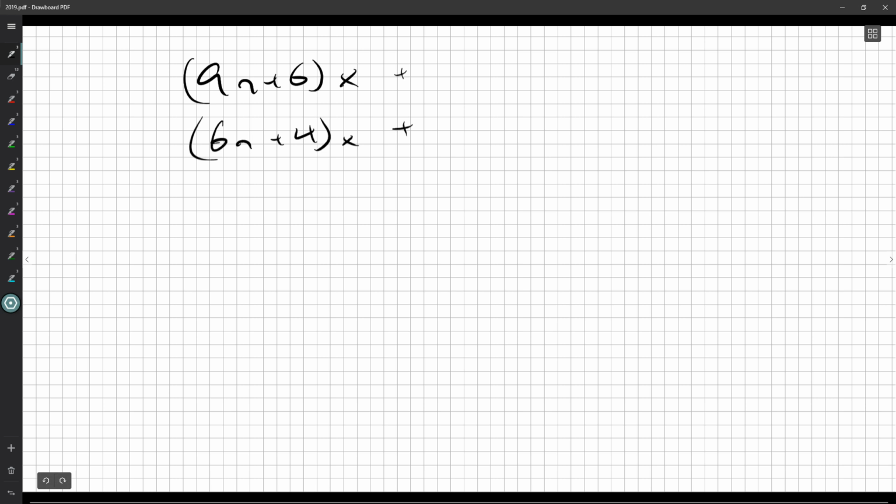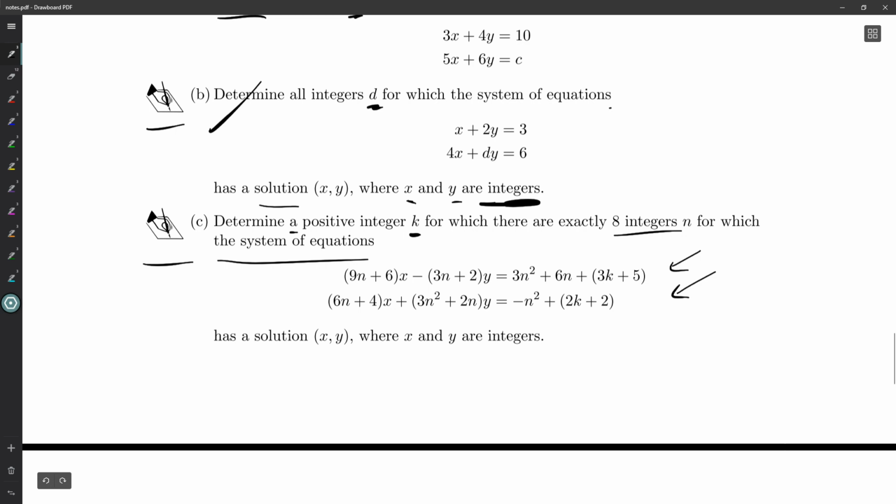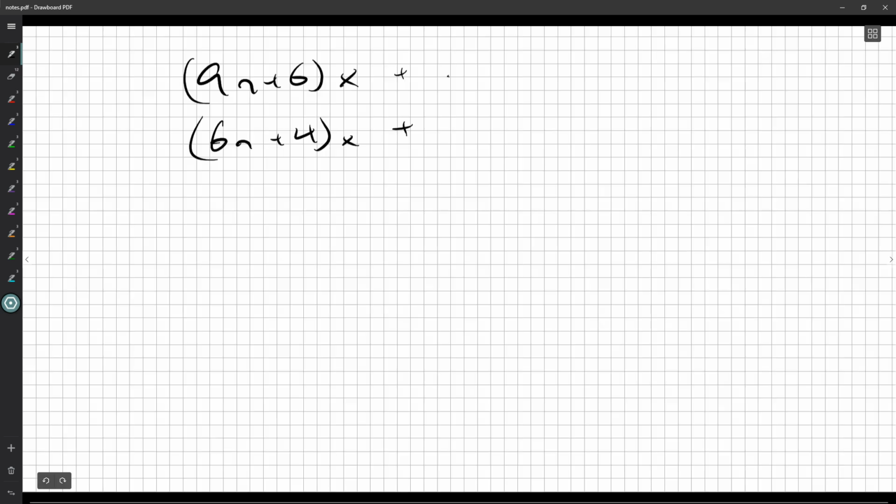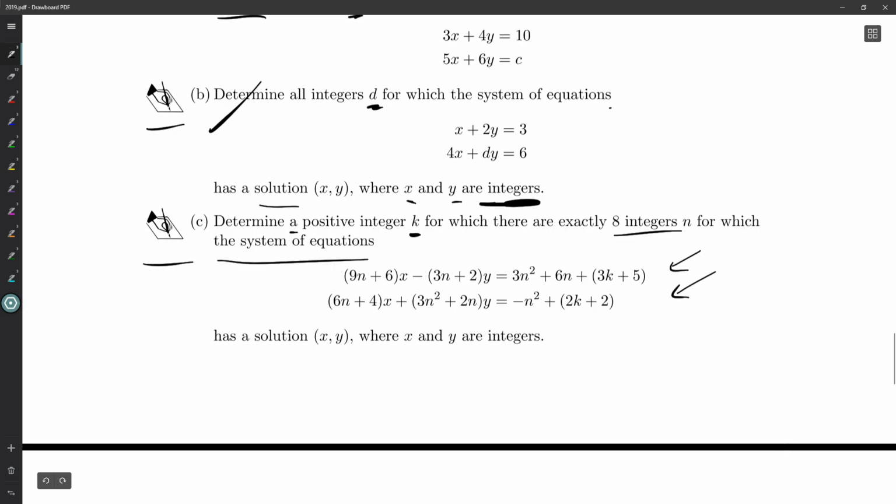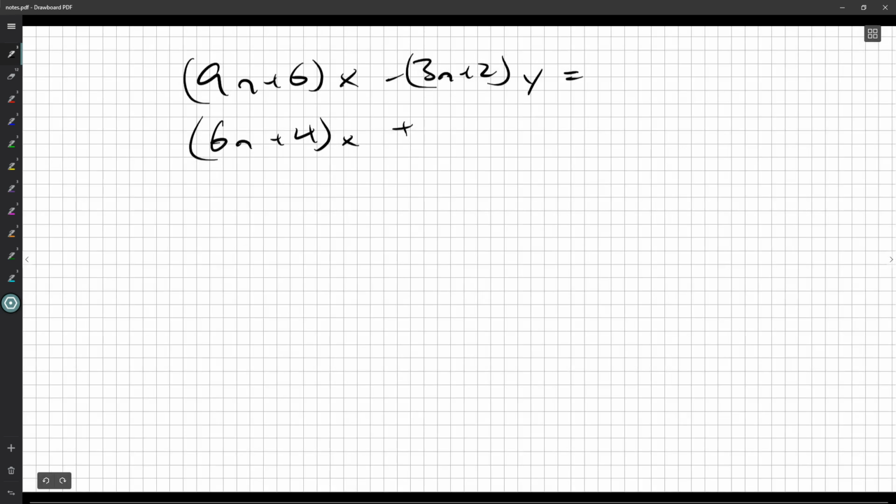We got something y minus 3n plus 2 y, and then something, I saw a k at the end there. 3n squared plus 2n. Okay, so the coefficient of y here and y here just differ by n.